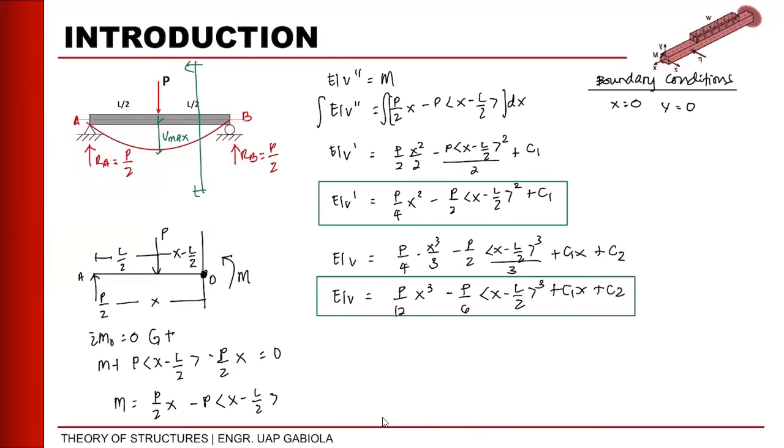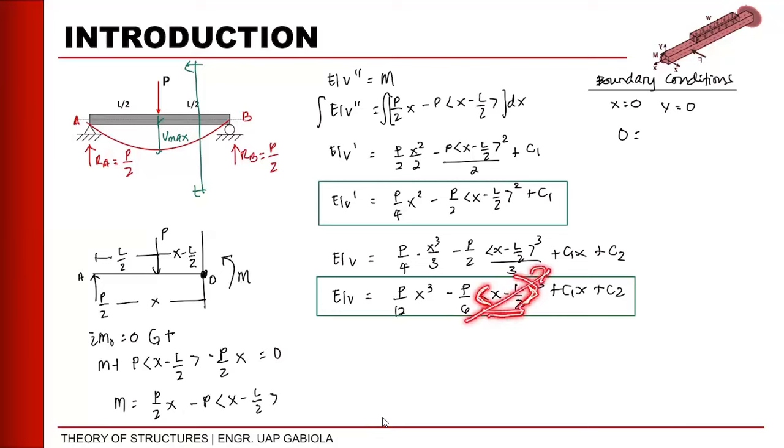Next is, ano mangyayari kapag ganun yung condition natin? Try natin substitute to sa deflection equation natin. Kung 0 si V, so ito magiging 0. And then lahat itong terms natin na may multiply ng x will be 0. Dito sa term na to, pag nag-negative yung terms inside nung ganitong symbol, you have to neglect it.